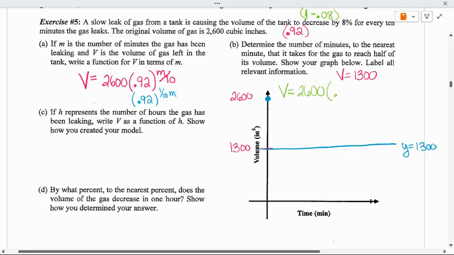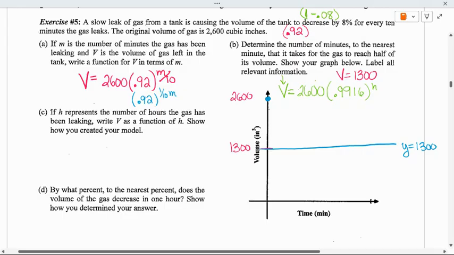What did you get for that? 0.9916? Did anybody else get that? Okay. So there we go. Put that into your table and get yourself some ordered pairs.